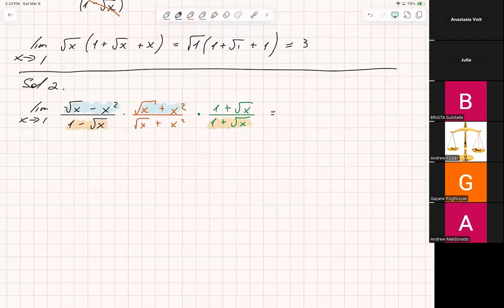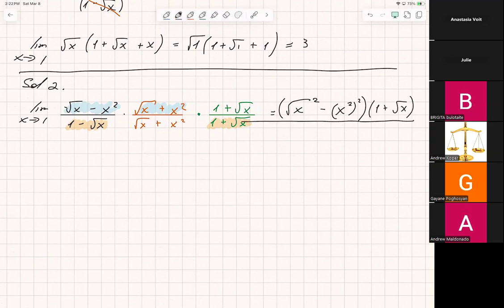So for the numerator, we would have x, or if you want, square root of x squared minus x squared squared, right? So that's the first one. And this one, we just leave it as it is. So 1 plus square root of x.